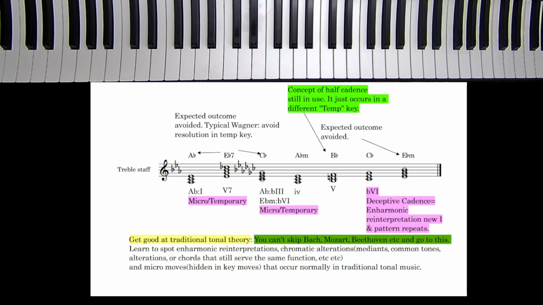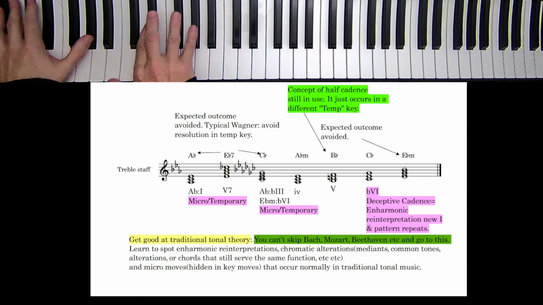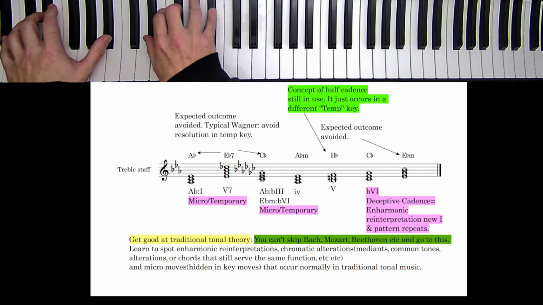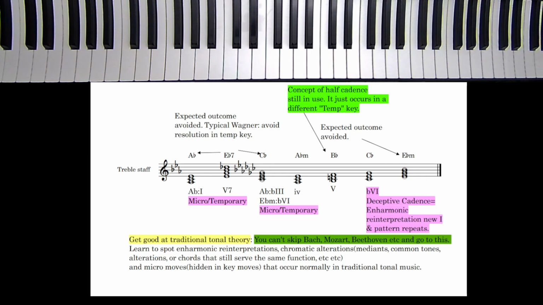So strip away all the chromaticism, you'll start to see little micro-functional harmony moves or chromatic harmony moves. He's using normal formulas to approach half cadences and not resolving them, or using chromatic mediants to get away from resolving to a 1 chord, etc. Or deceptive cadences. He's really fond of that.